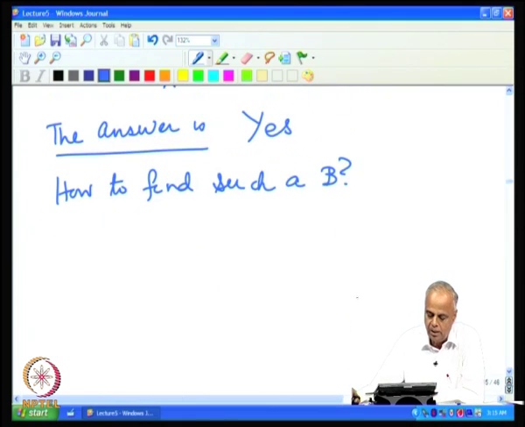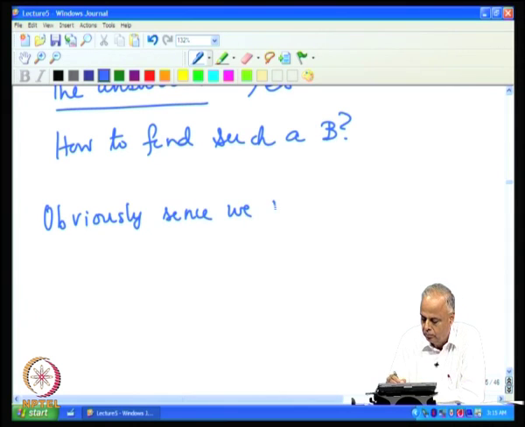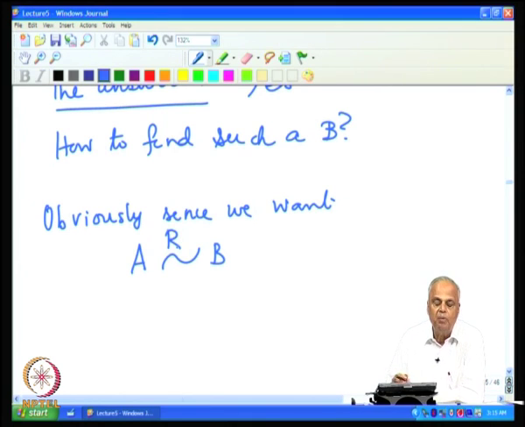Now, obviously, since we want A to be row equivalent to B, somehow we must be able to move from A to B by elementary row operations.